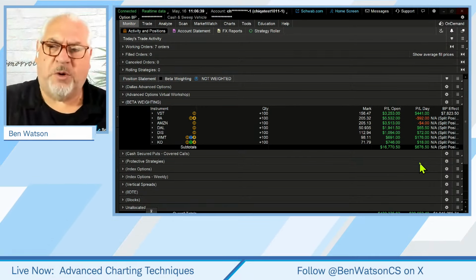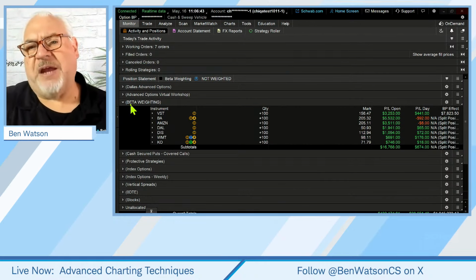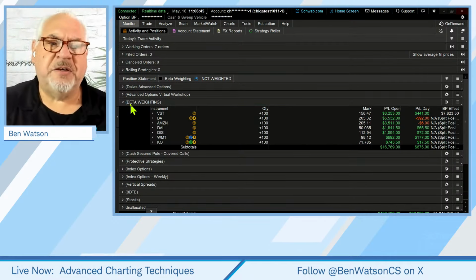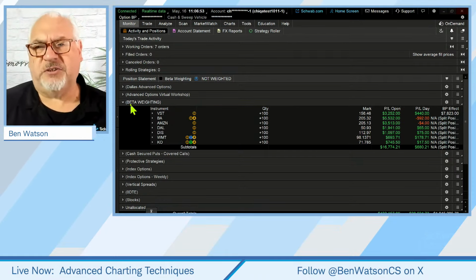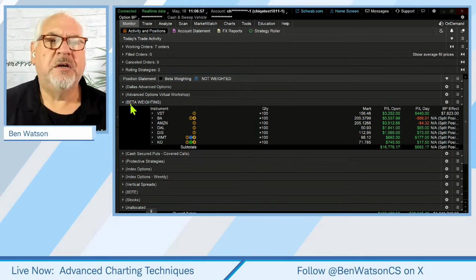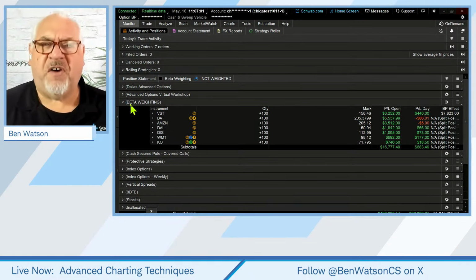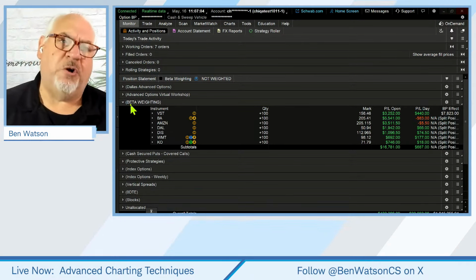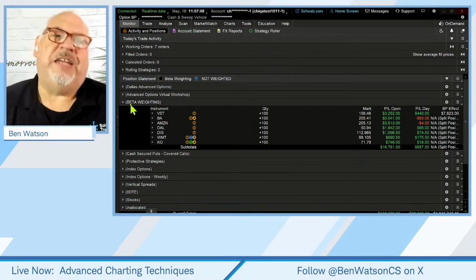The aspect that I want to look at in this case, and thus the name for this group, beta weighting, is that beta is simply a measure of an individual stock. There are other ways to look at beta, but the way we're going to look at it is that beta is a measure of a stock's volatility compared to the overall market when we benchmark it against an index, right?